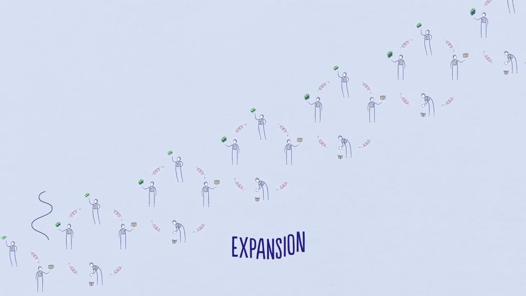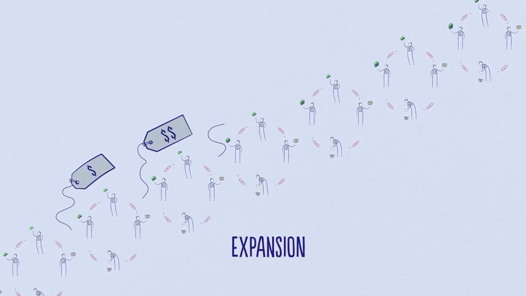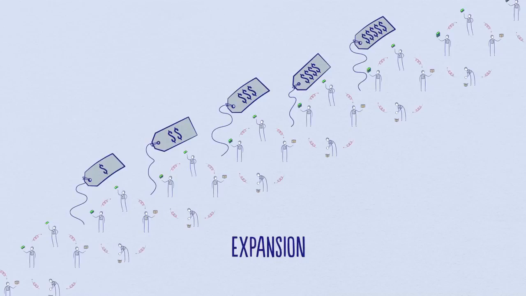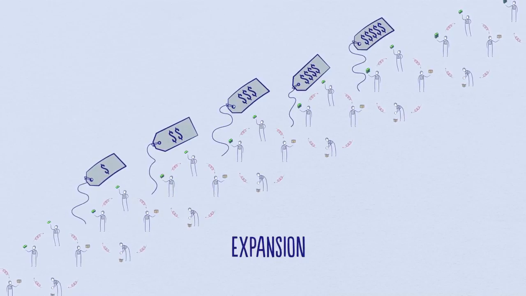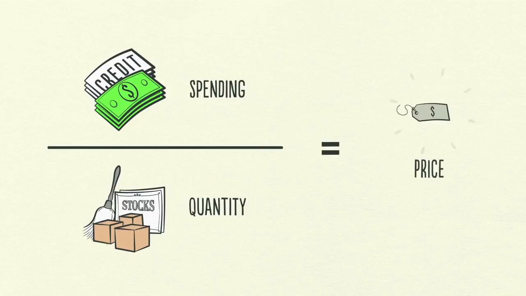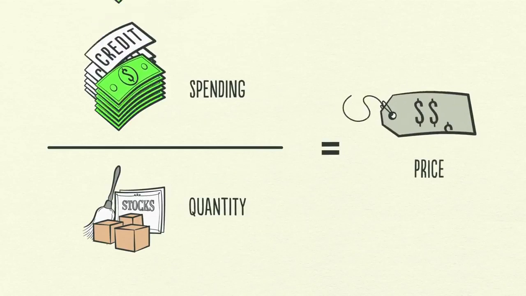As economic activity increases, we see an expansion, the first phase of the short-term debt cycle. Spending continues to increase and prices start to rise. This happens because the increase in spending is fueled by credit, which can be created instantly out of thin air. When the amount of spending and incomes grow faster than the production of goods, prices rise.